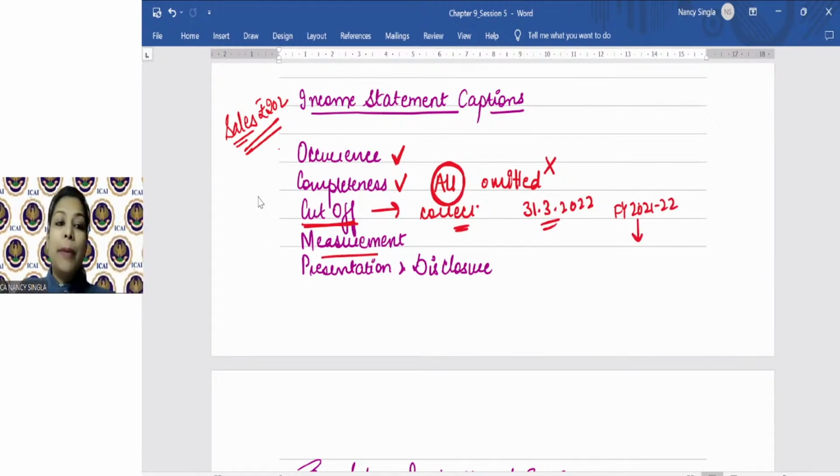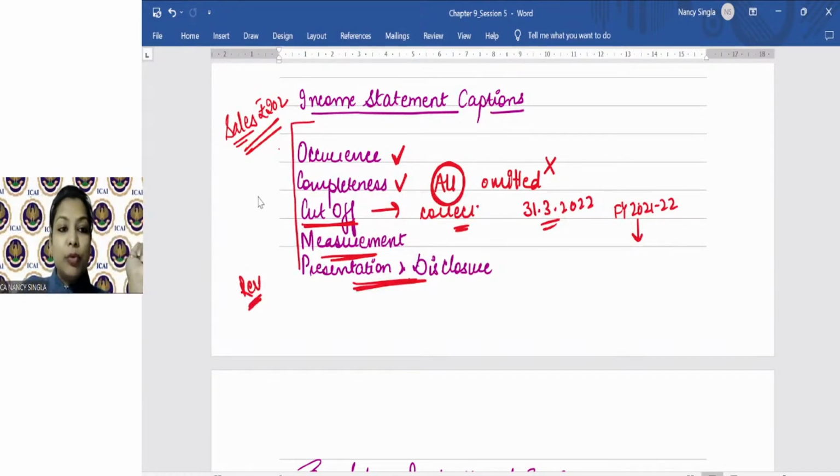Measurement means the sales have been measured accurately as required by the applicable FRF. The discounts and the sales returns have been considered properly. Presentation and disclosure means the classification and segregation of the revenue, the sales, as required by the applicable FRF, Schedule 3 Part 2 to the Companies Act, has been done by the management.